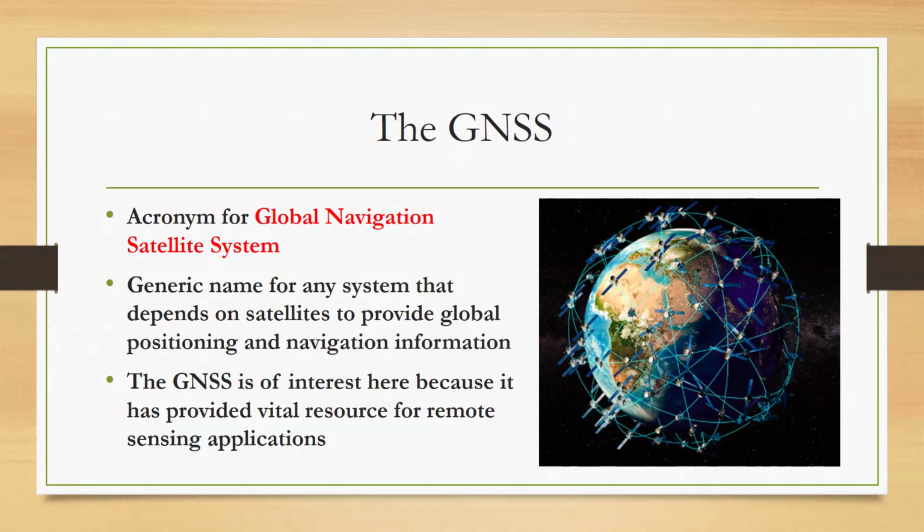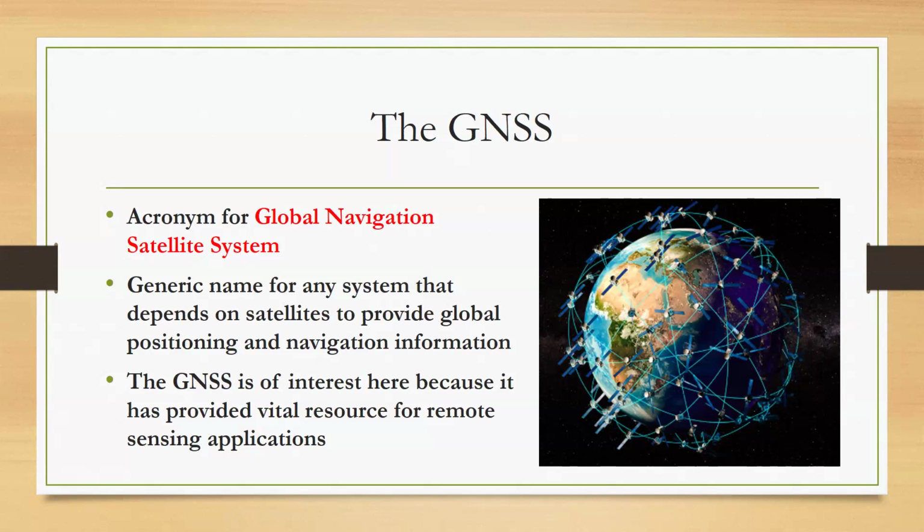Before the GNSS systems, we normally used things like a compass to know directions and where we are going. But with the invention of satellites, when we realized that satellites could help us do better, GNSS systems were developed.